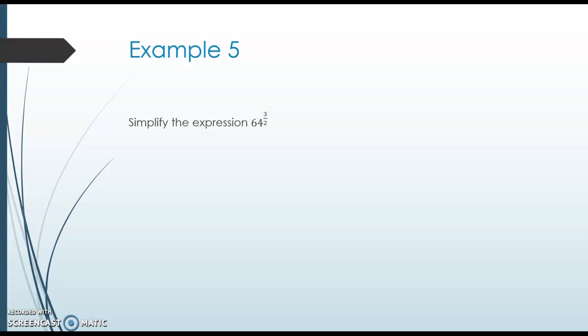All right, next example. Simplify the expression 64 to the 3/2. They're really making us work on this one. So really what this is, is 64 to the 1/2 times 64 to the 1/2 times 64 to the 1/2.